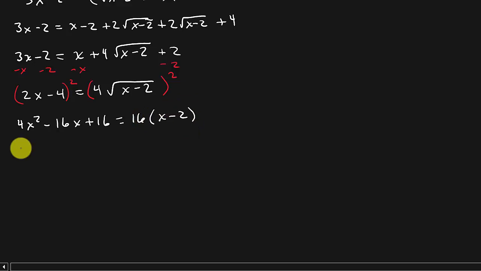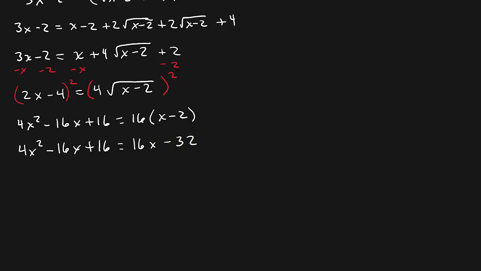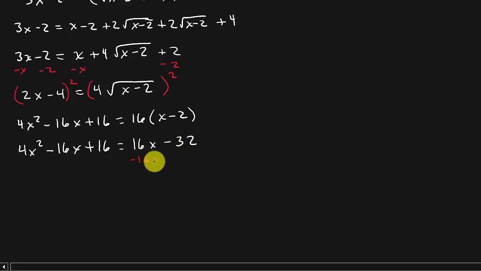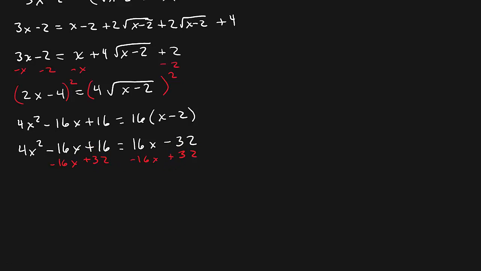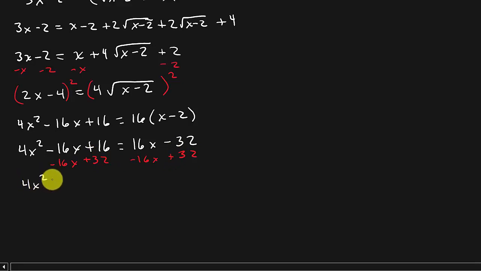And then let's distribute the 16, so 4x squared minus 16x plus 16 equals 16x minus 32. All right? And so now I'm going to subtract 16x from both sides, and I'm going to add 32 to both sides. And so that's 4x squared minus 32x plus 48 equals 0.